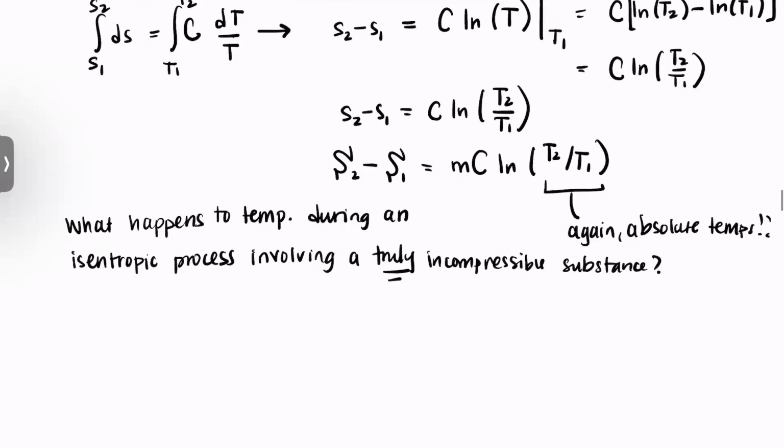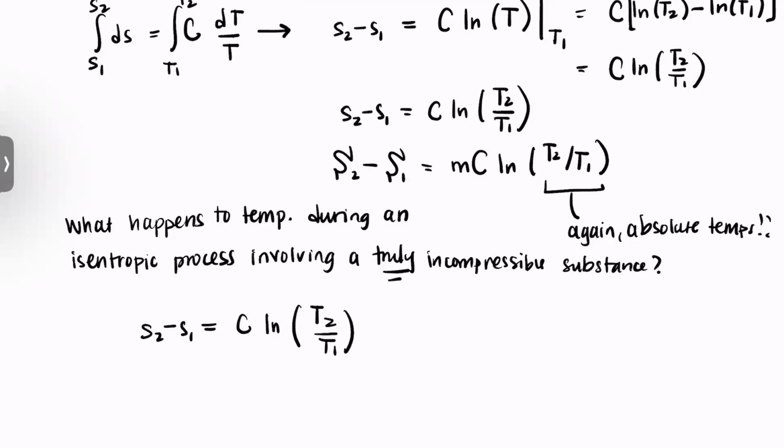Okay, so to start, we have our governing equation, which we just derived. So we have our entropy change is C times the natural log of T2 over T1, right? We want to look at this equation for an isentropic process. Does anybody remember what isentropic implies? Something's constant. No, entropy, yes.